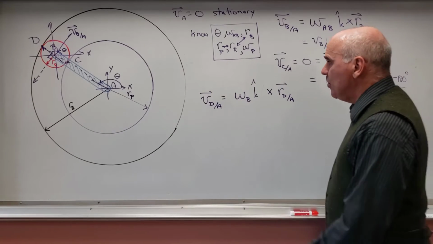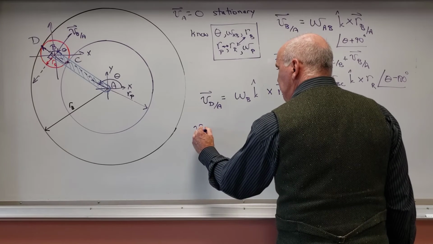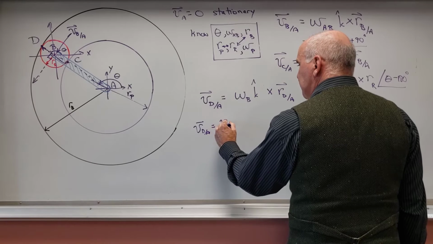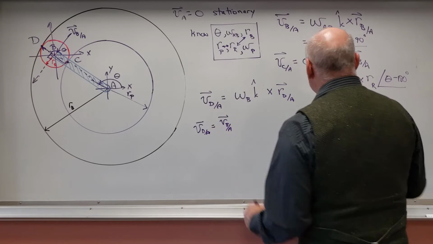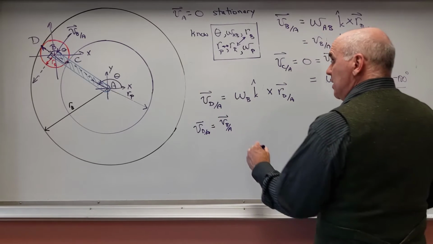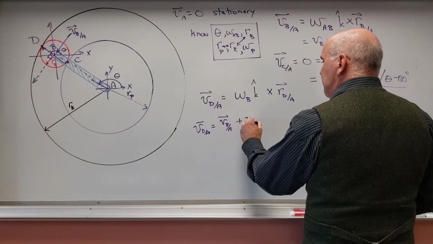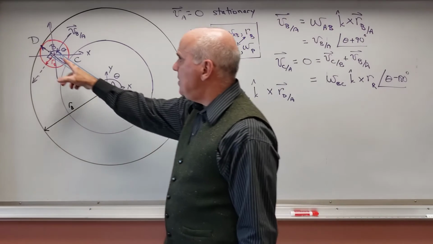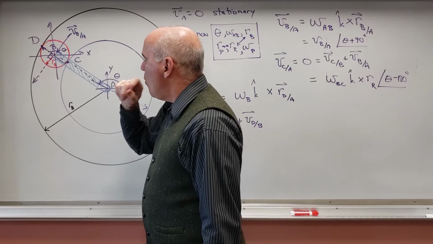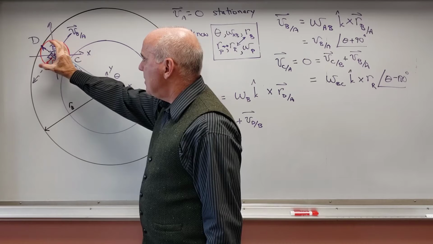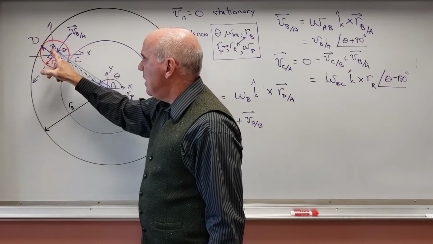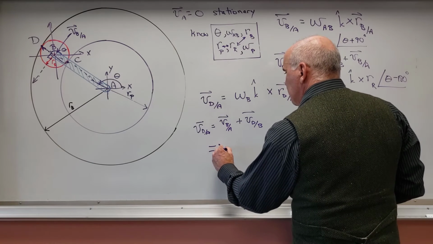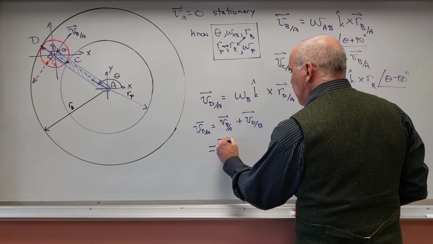But the other thing I know is that the velocity of D with respect to A is equal to the velocity of B with respect to A, and we've done that up here, plus the velocity of D with respect to B. All right, so the velocity of D with respect to B. Well, this red wheel is rotating. Let's put the velocity of B with respect to A up here again.